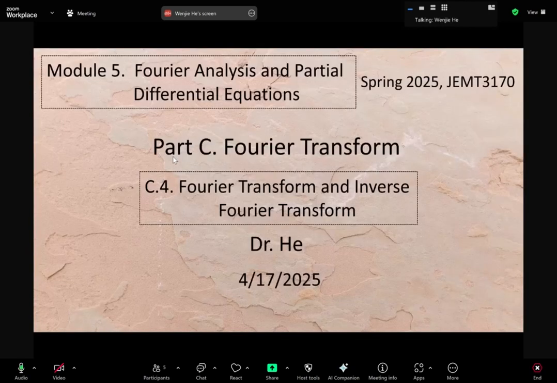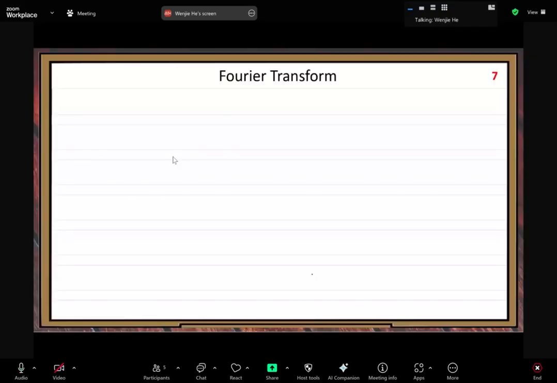Section C.4: Fourier transform and inverse Fourier transform. So that's how we connect. We need to get inspiration from the Fourier cosine transform and Fourier sine transform to get this new transform. Fourier transform: start from the complex Fourier integral.